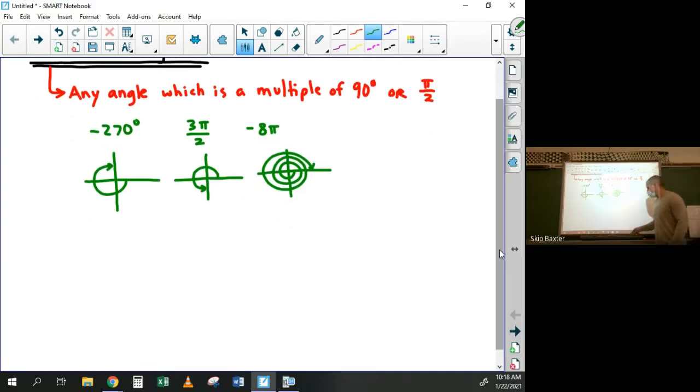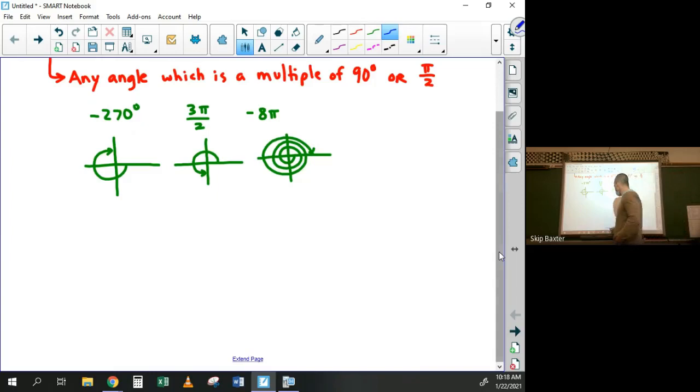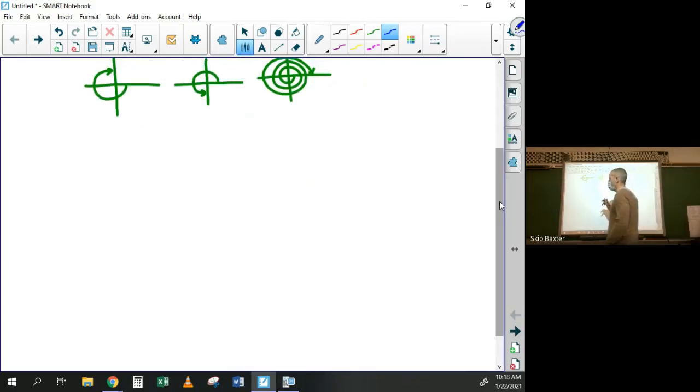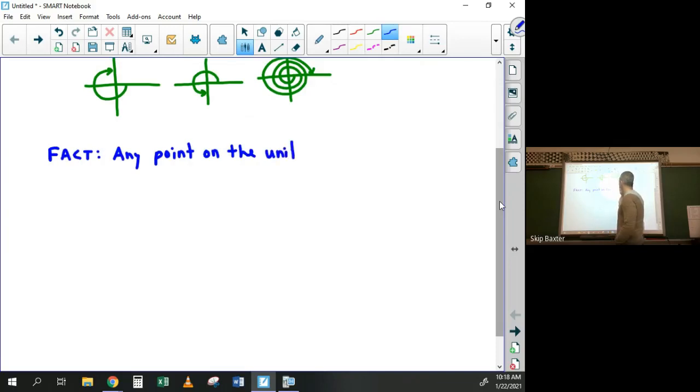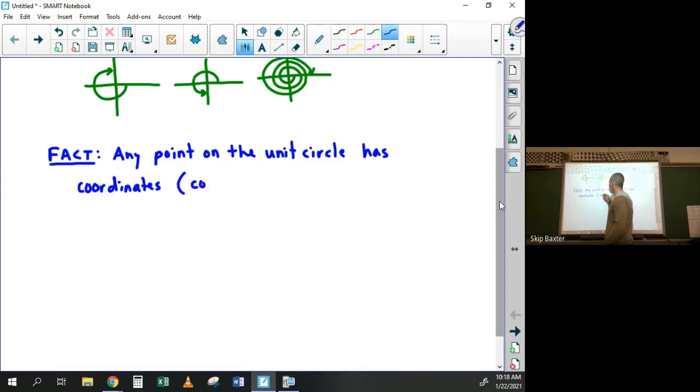Okay? So we're going to focus on trig values of quadrantal angles. Before we do that, there's an important concept to understand. And here it is: any point on the unit circle has coordinates cosine theta, sine theta.